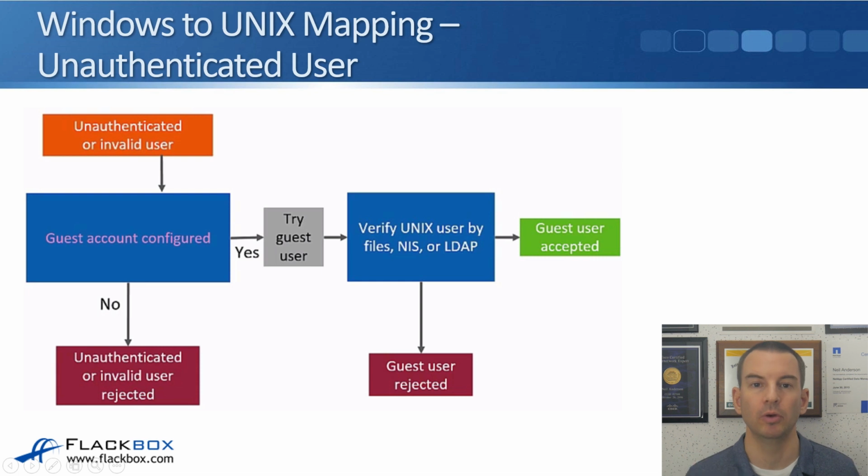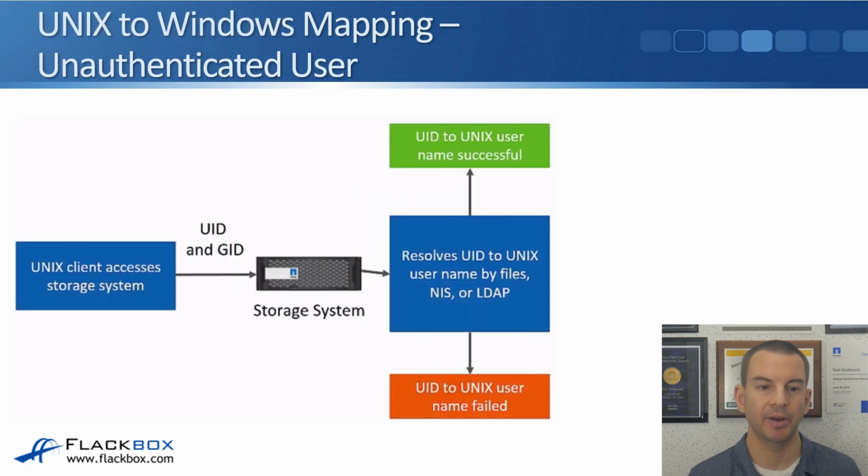Okay, so that's how it works when a Windows user is trying to access a file or folder with Unix permissions. How about the other way around, when a Unix user is trying to access a file or folder with the Windows NTFS permissions? So here, the Unix client, probably a Linux system nowadays, accesses the storage system. It's going to send the user's UID, the user identifier, and the GID, the group identifier.